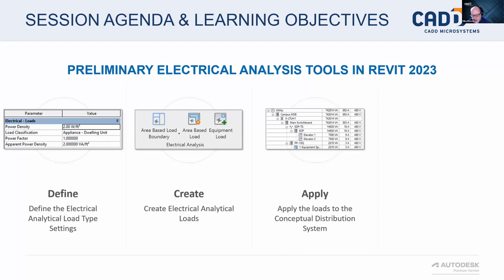This is going to be using the system browser that's built into Revit, but they've got some new tools in there that we can start defining our electrical loads prior to placing any families in our project. We could do this in previous releases, but we would have to have families in our projects first. But now we can do it preliminary before we start putting families into our project, so we can get some estimates at an early stage of the game.